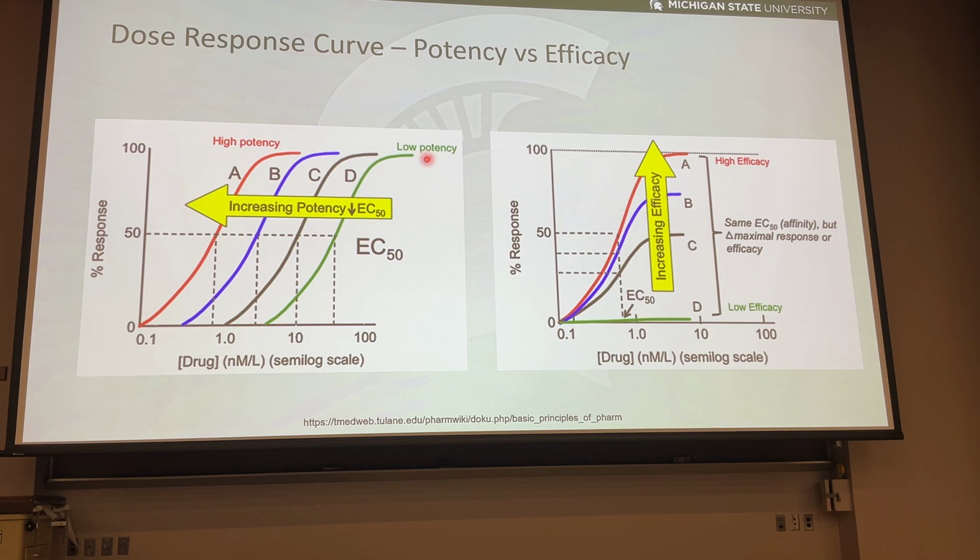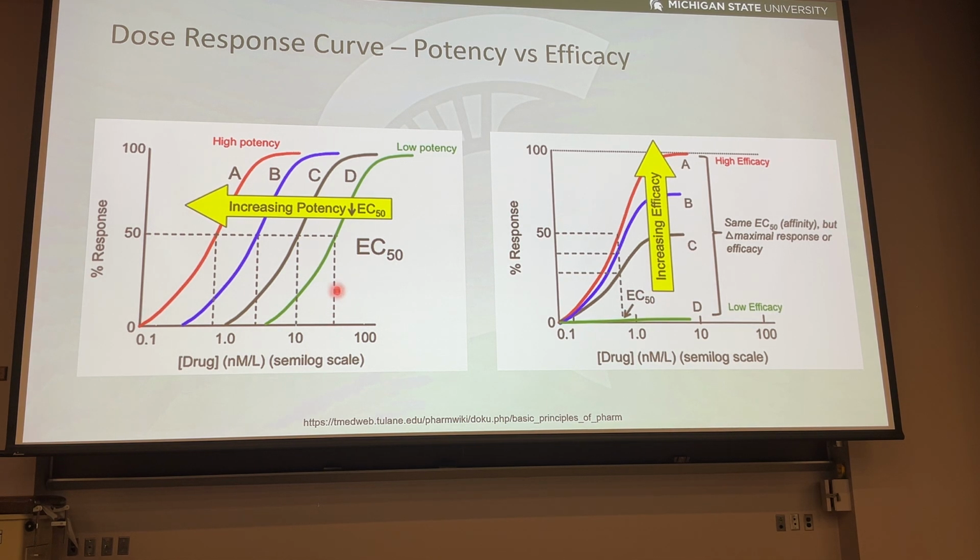They all have the same efficacy. Every one of these drugs reaches 100% response, right? However, they all have this at different concentrations. So they have a different potency at this receptor, all right? The more drug you need, the lower the potency of a drug. The less drug you need, the higher the potency of the drug, okay?